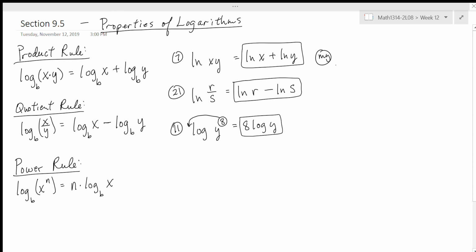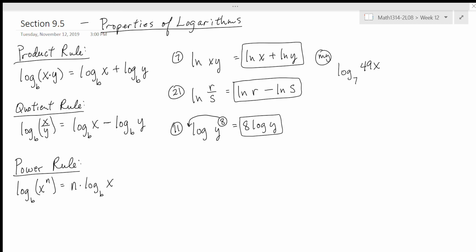And let's say that we have log base 7 of, how about 49x? Log base 7 of 49x. So what is between the 49 and the x?